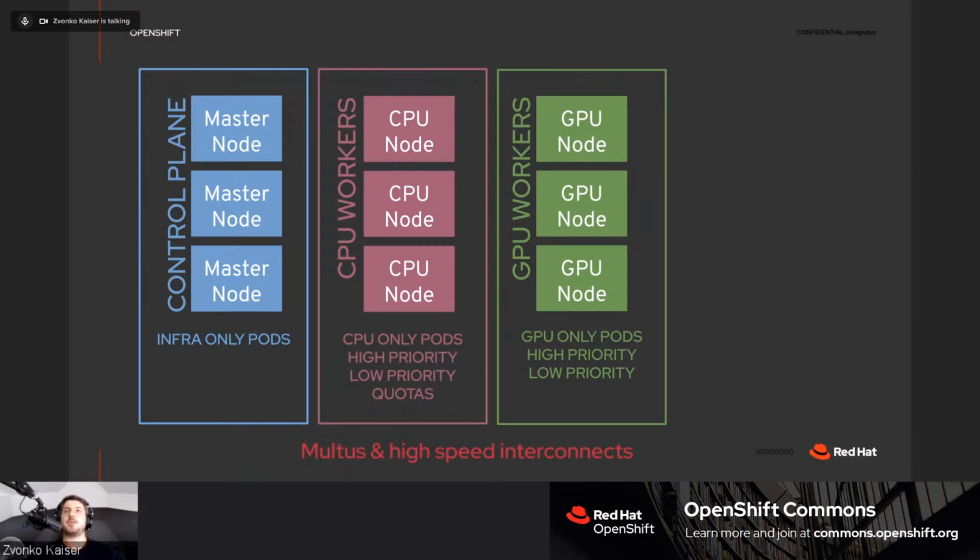The other thing I want to mention, if you have several GPU nodes, you want to have them interconnected with a high-speed interconnect. So this is where Multus comes into place. For those who don't know what Multus is, Multus provides secondary interfaces to the pods, so you can have a separate data plane for a GPU node so that you won't worry that you are interacting with the API.